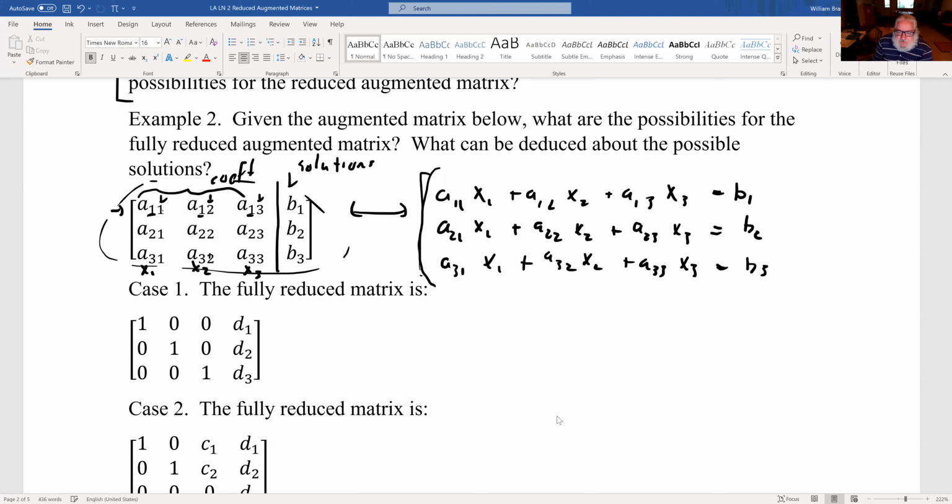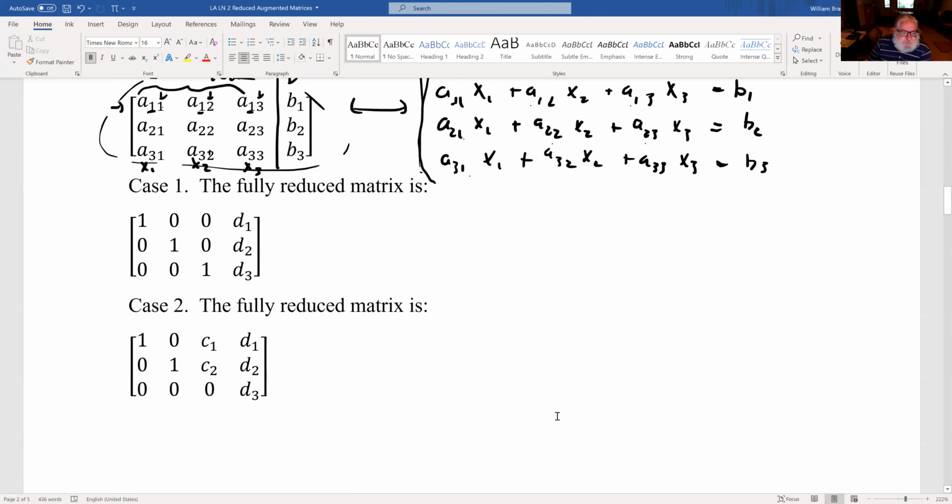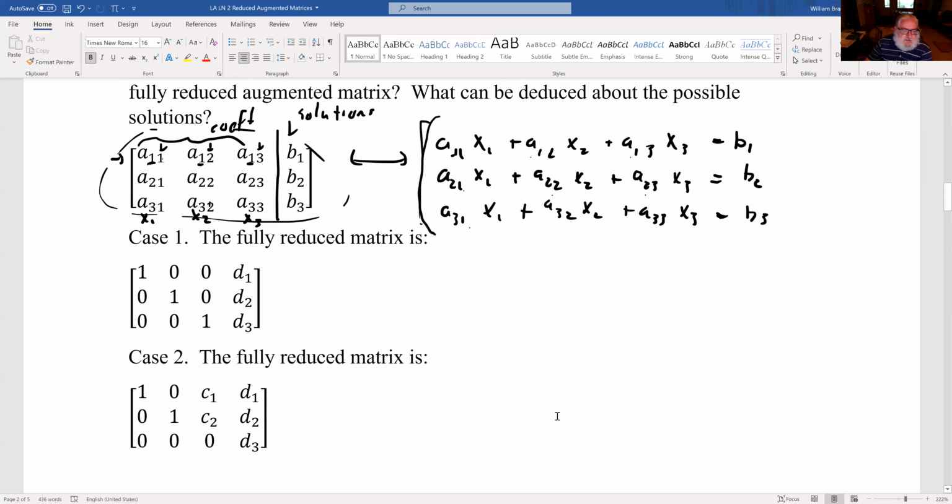This is a collection of 3 equations in 3 unknowns, and so our matrix of coefficients is what's called a square matrix. We have 3 rows and 3 columns. So if you go through the reduction process, what can possibly happen? One option is that after you do all the reduction, you get rid of the a21 and the a31 terms to get zeros there.